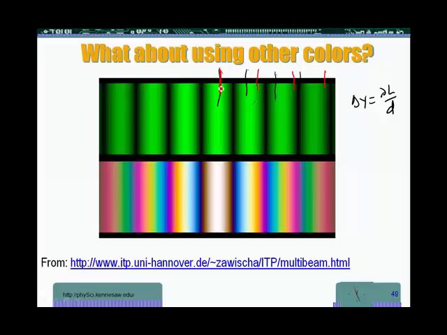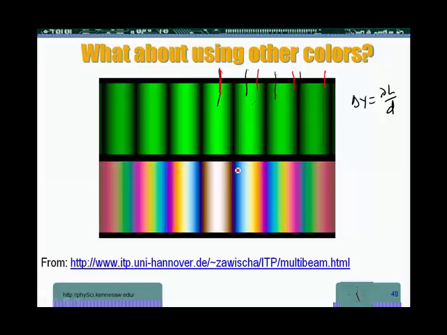In this computer calculation from this gentleman from where I got the picture here, if we use white light, for example, in the middle we are going to have all colors adding up. But then the fringe for the blue is going to be narrower than the fringe for the green, which is going to be still narrower than the fringe for the red.